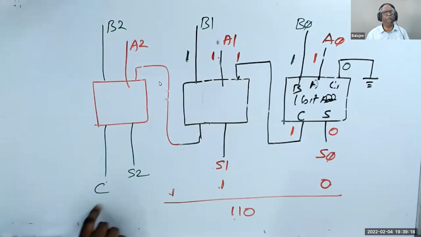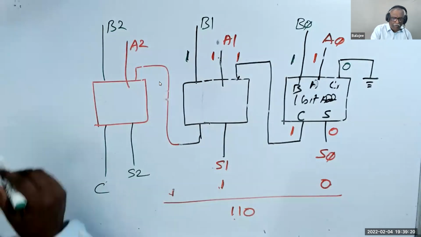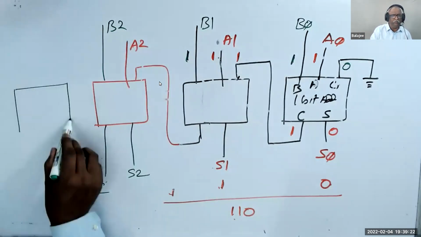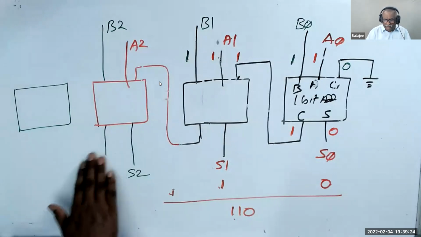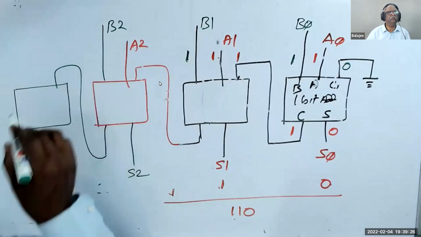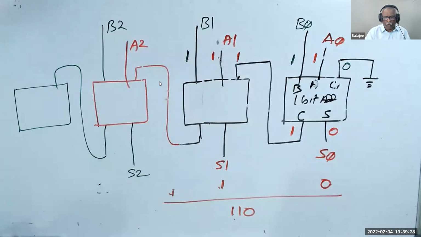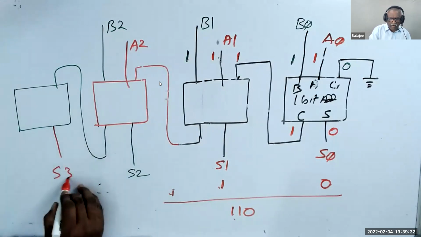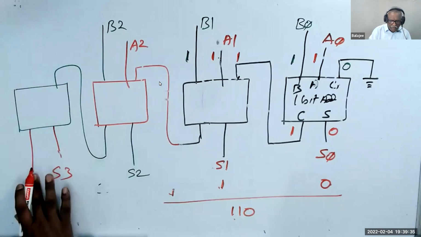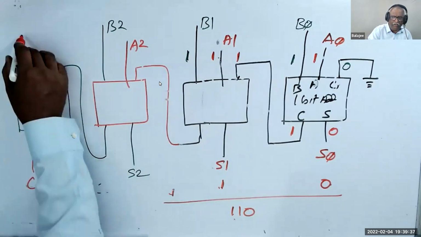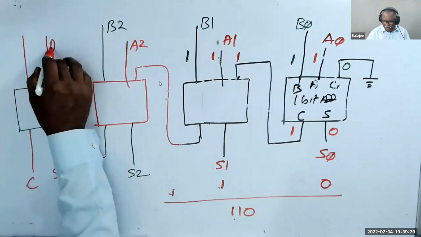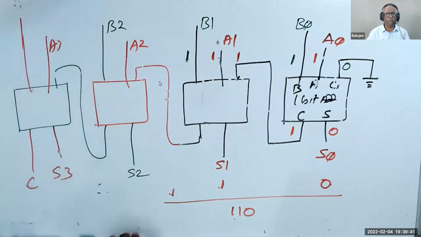That's why the C is there. Suppose you add 1 more bit, the 4th bit. Then this C out will go to the C in. Then I add sum 3 and carry, and here I have A3 and B3.